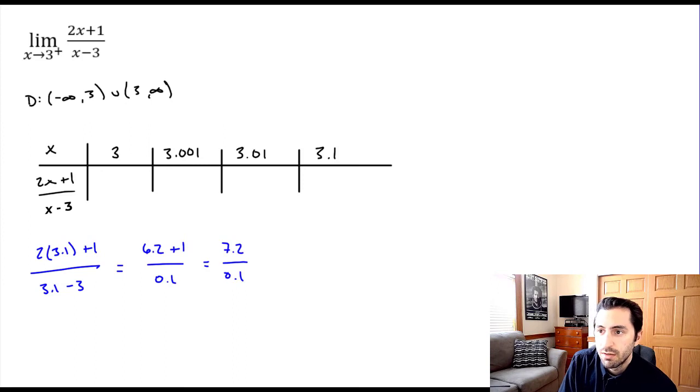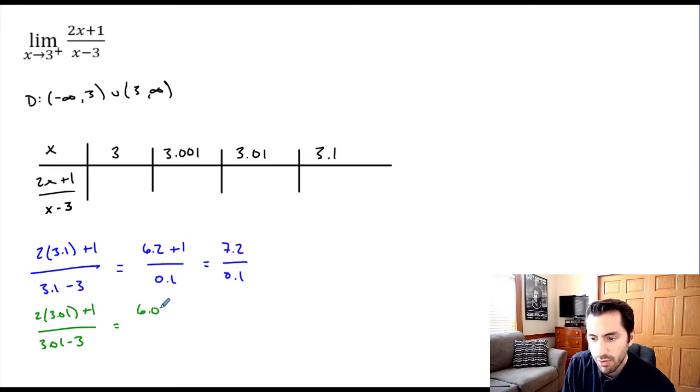I'll get a specific value for that in a second, but let's do one more. Let's look at 3.01. So we have 2 times 3.01 plus 1, and then 3.01 minus 3. That gives me 6.02 plus 1, and then 3.01 minus 3, we just get 1/100th. So 7.02 over 1/100th.